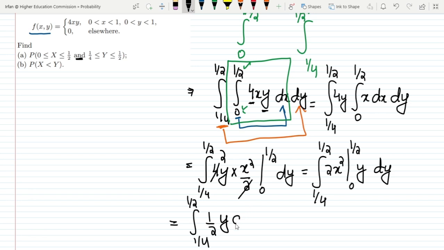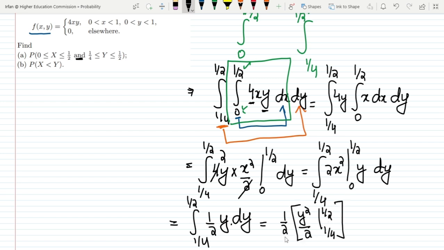Okay. So, this is the function I have to integrate later on. Now integrating this y with respect to y, this 1/2 is a constant, and integrating it, I will have y squared divided by 2, and limits are from 1/4 to 1/2. Okay. So, this is what we have.